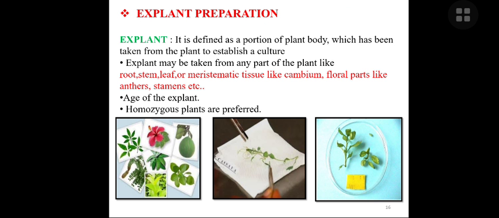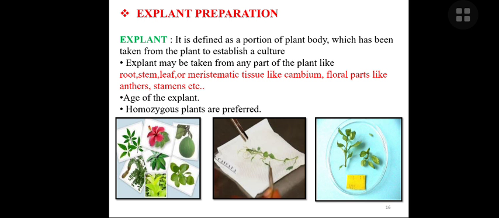First is the explant preparation. We have already mentioned that an explant is a portion of a plant body. It can be anything like a stem, root, flower, or leaf, which has been taken from the parent plant to establish a culture.